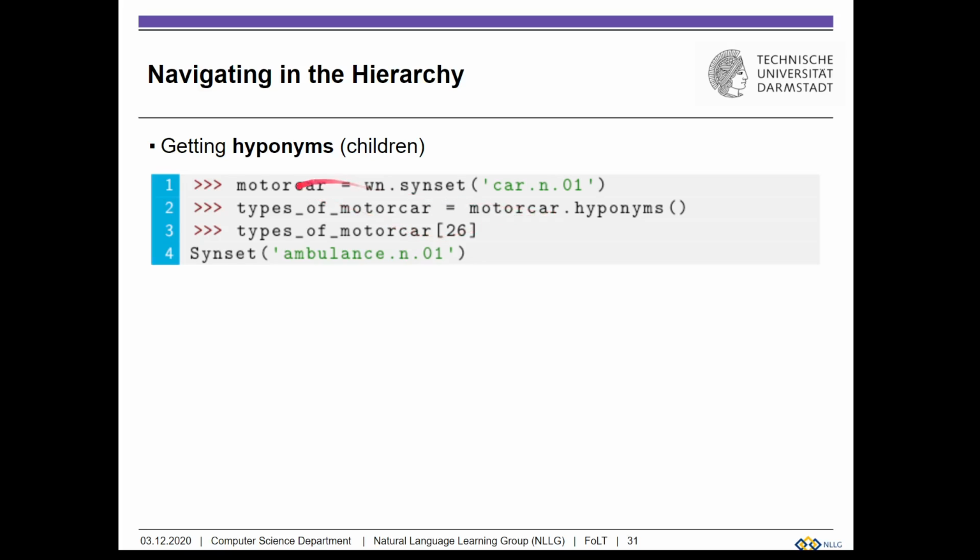Then we can type for motor car, give me the hyponyms of motor car, and remember hyponyms are further down the hierarchy, so they are more specific words. So we get the specific types of motor cars, and then we can check particular elements in this list. For example, here we choose element number 26, and this is also a motor car. It's an ambulance.